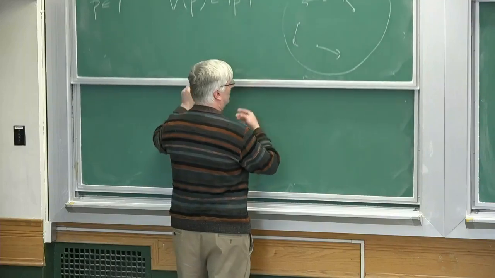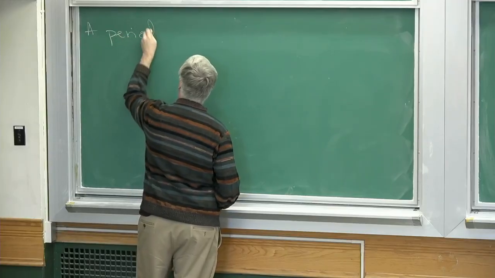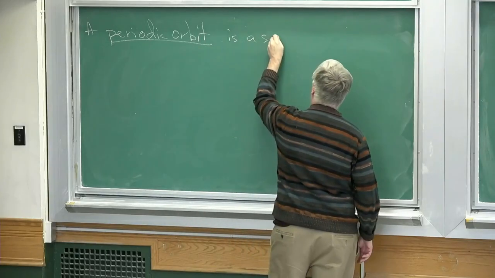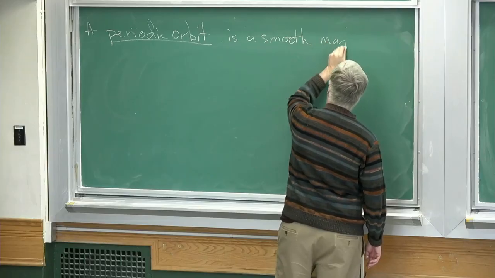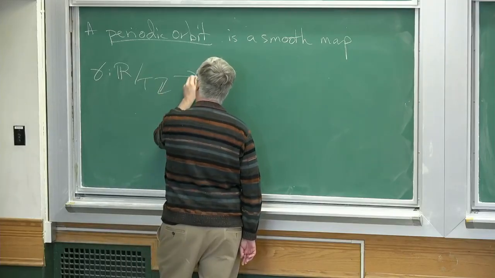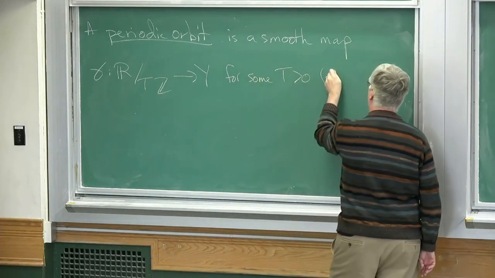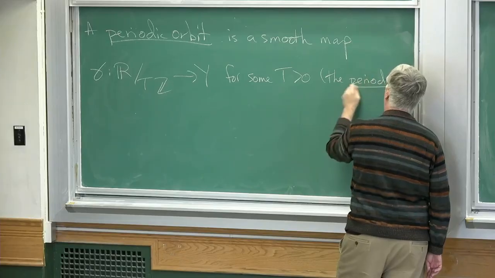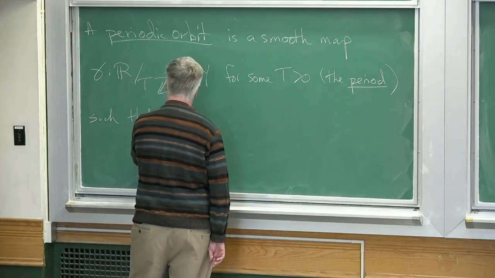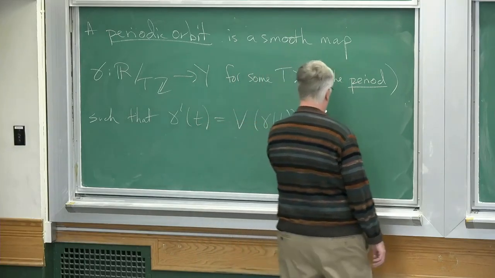So a periodic orbit is a smooth map gamma from R mod TZ to Y, for some T greater than 0, which is the period, such that gamma prime of t equals V of gamma of t for all t.